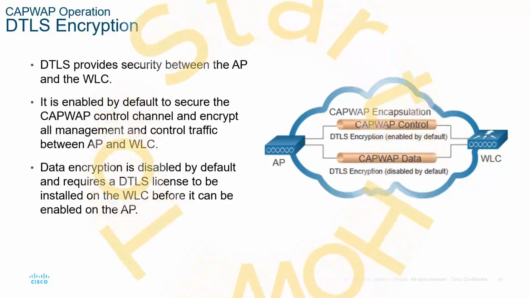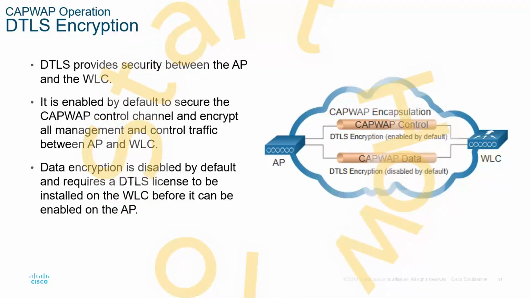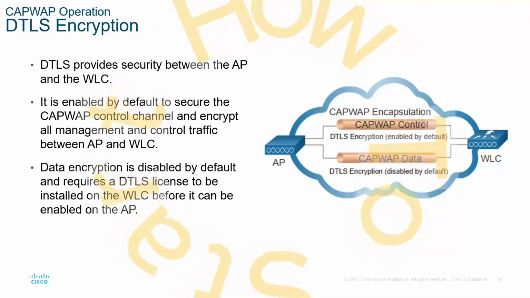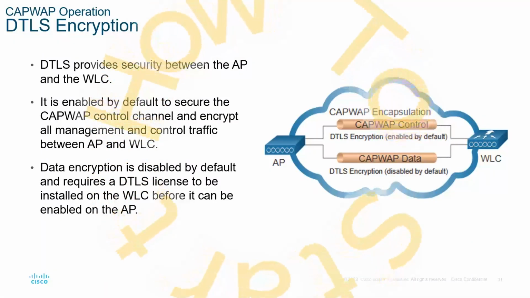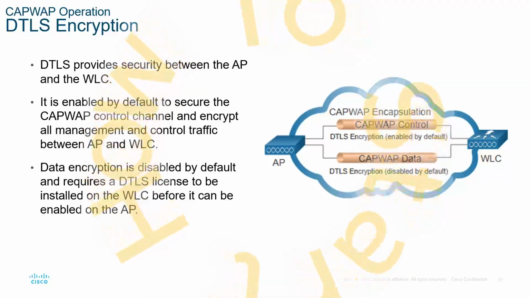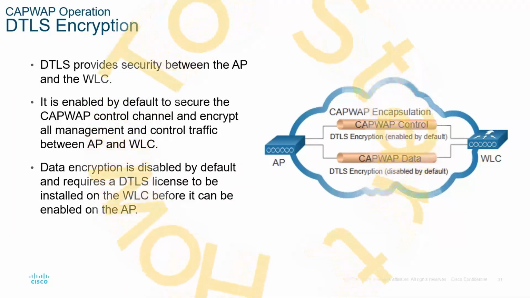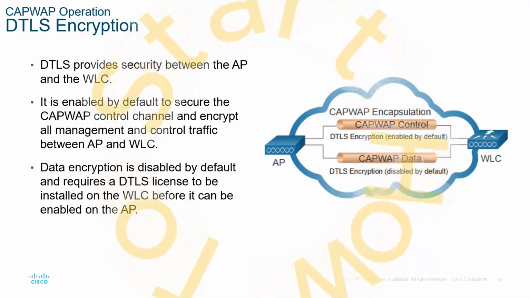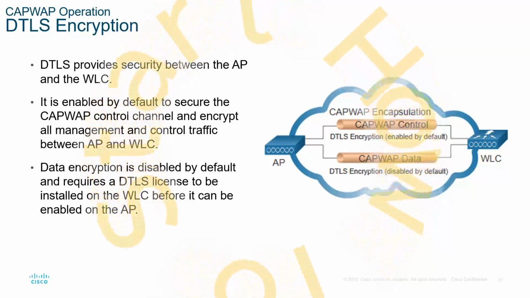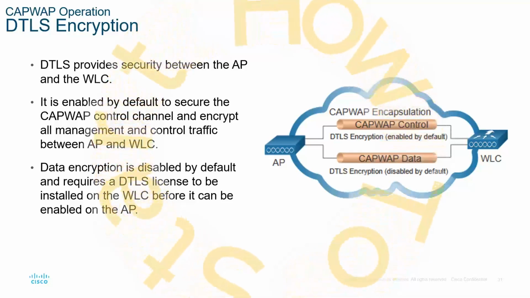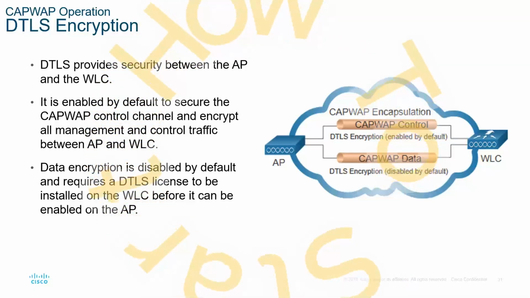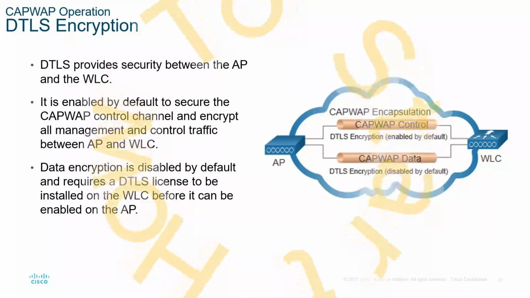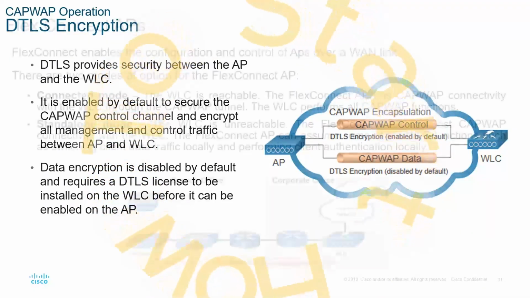It is enabled by default to secure the control channel and encrypt all management and control traffic between the access points and the wireless LAN controller. The data encryption portion is disabled by default, and it requires a DTLS license to be installed on the controller before it can be enabled on our access points. The functionality is there if security between the access point and controller is a concern.